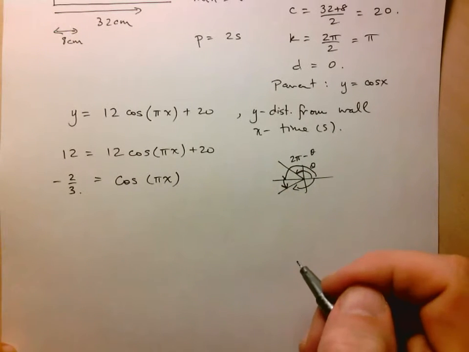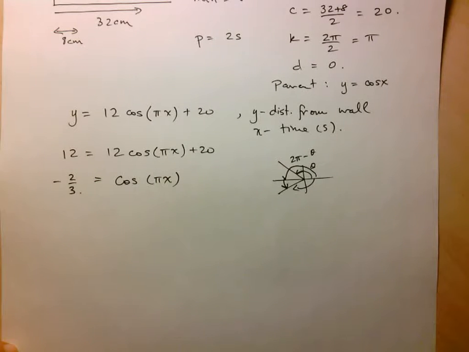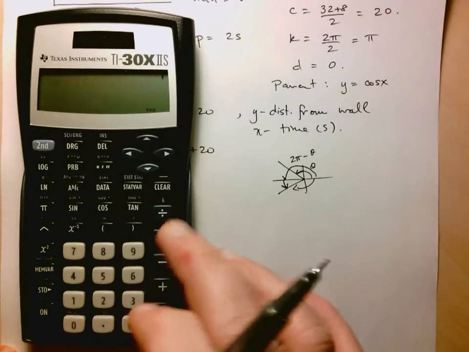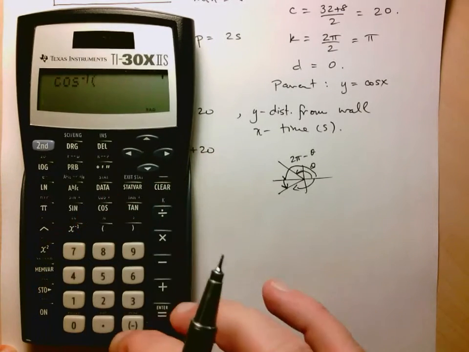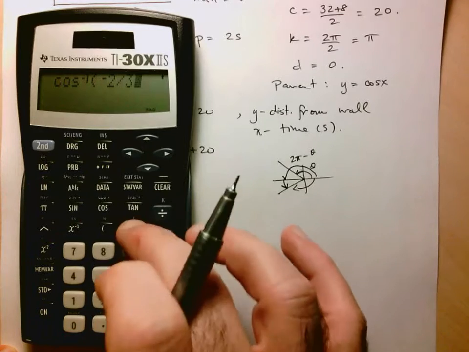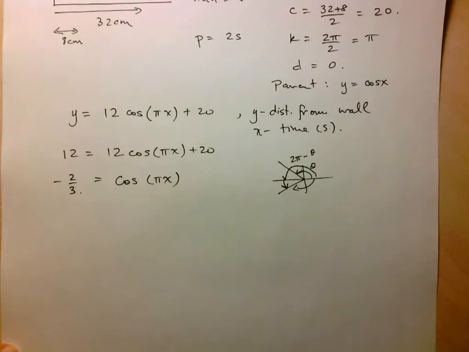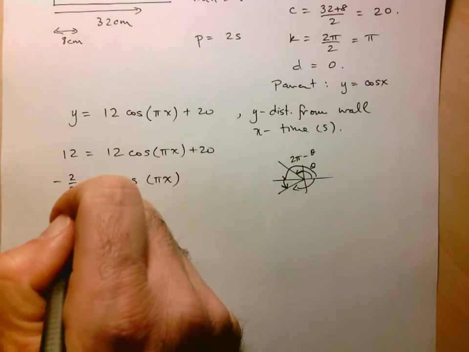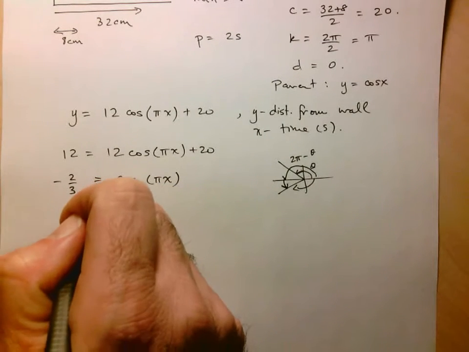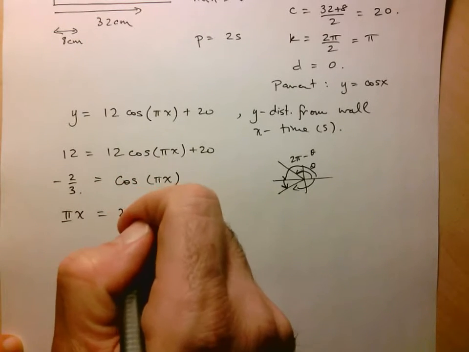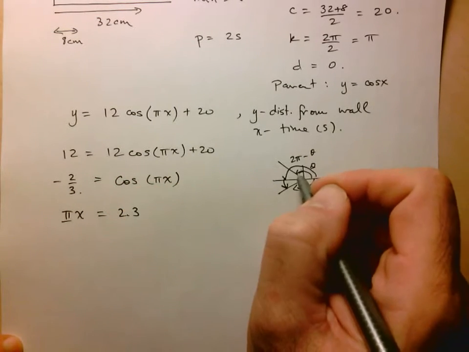Let's get our calculator out. Inverse cosine of negative 2 divided by 3 gives us 2.3. So that means pi x can be equal to 2.3, which is this first answer.